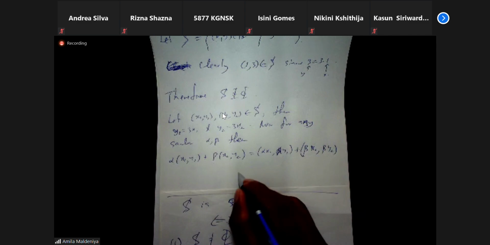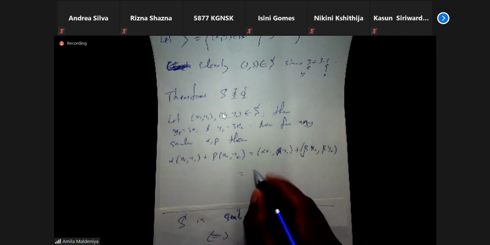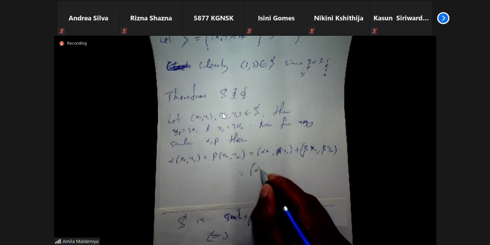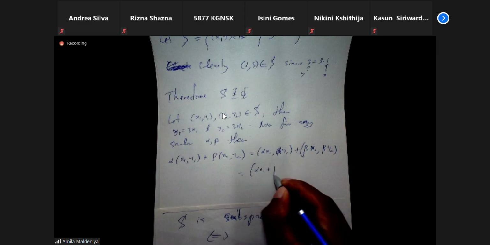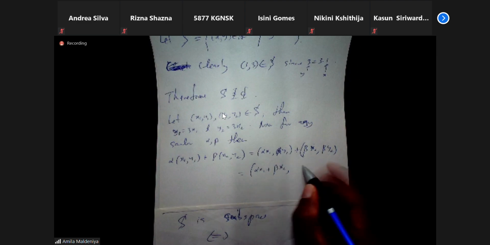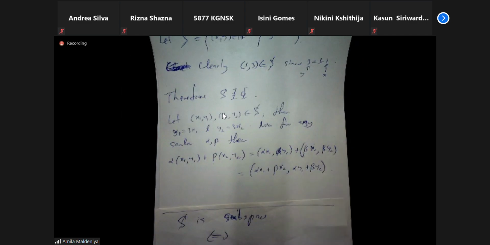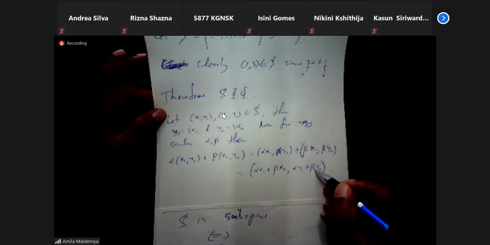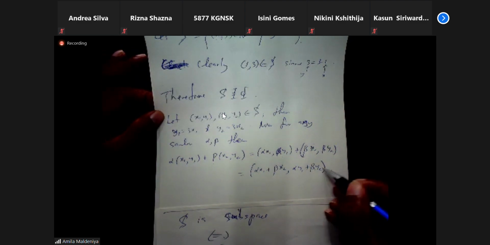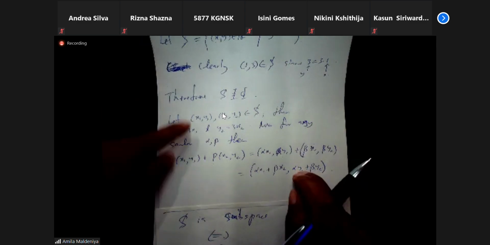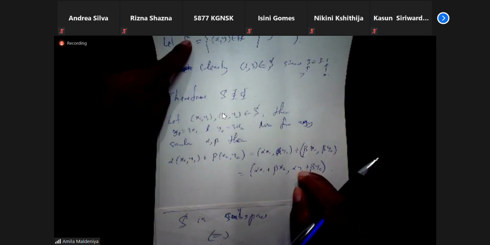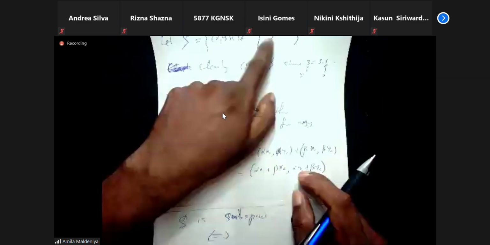If I add these into one point: (alpha x1 plus beta x2, alpha y1 plus beta y2). Now we want to check whether this point is an element of S. To check that, you need to check whether its x coordinate and y coordinate satisfy this relation.